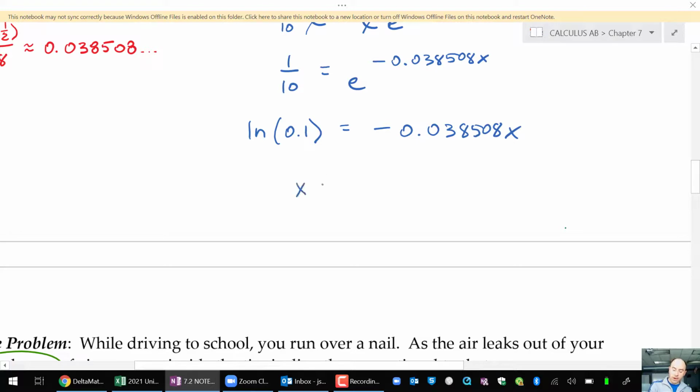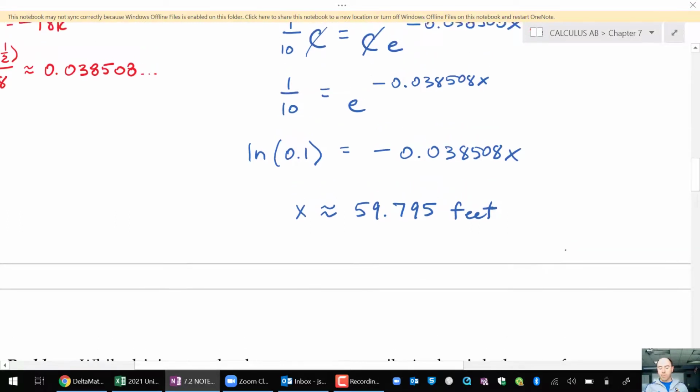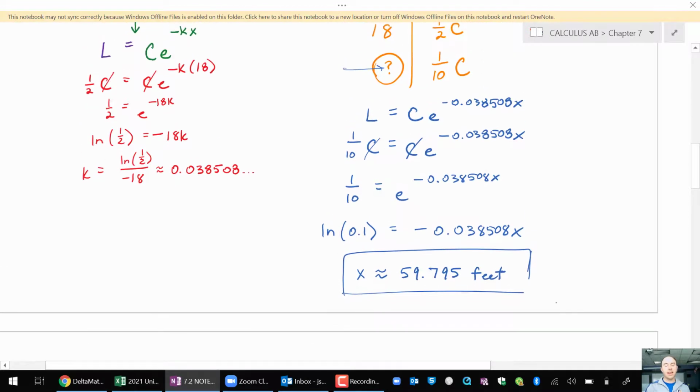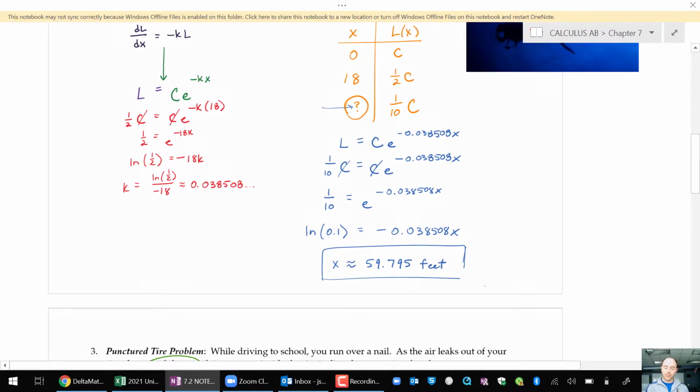So check with your calculator. Let's see here, I got 59.795 feet. So that's about how deep we can go, at which point we'll have 1/10 the light intensity of the surface, and so we'll need artificial light before we dive any deeper than about 59.795 feet.